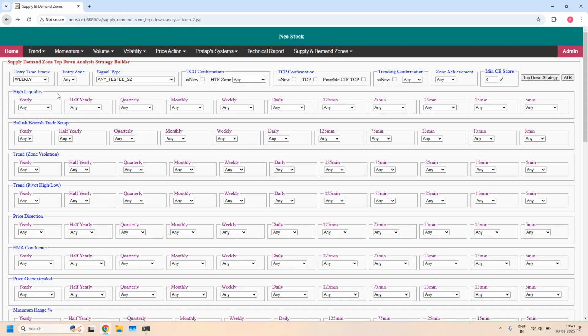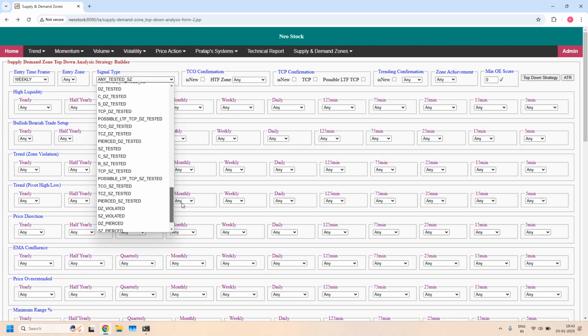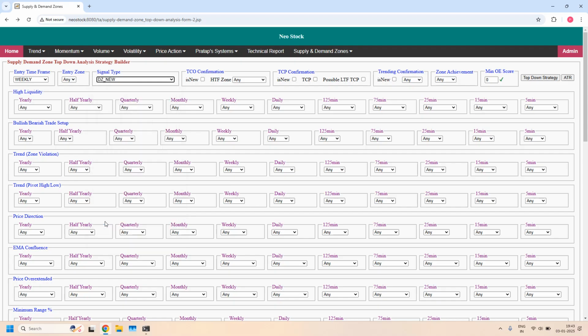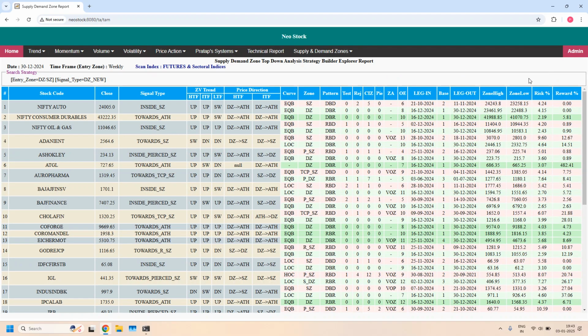Okay, next weekly time frame. Let us find the newly created zones. So newly created weekly demand zones during this week. Oh my God, so many weekly demand zones are created during this week. These are the first 18 stocks in the list. I am scrolling the list down.